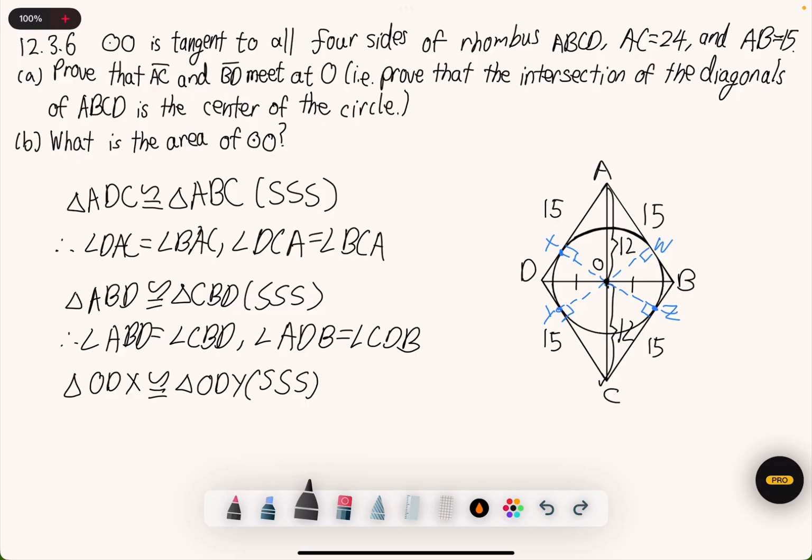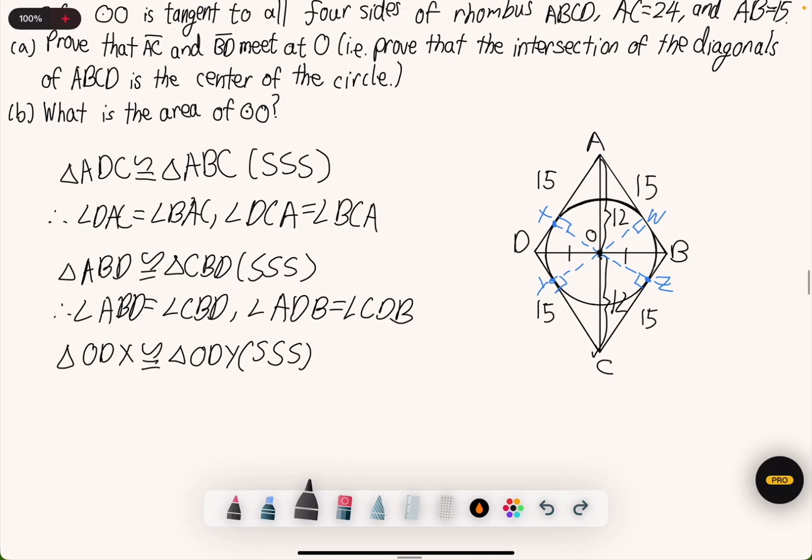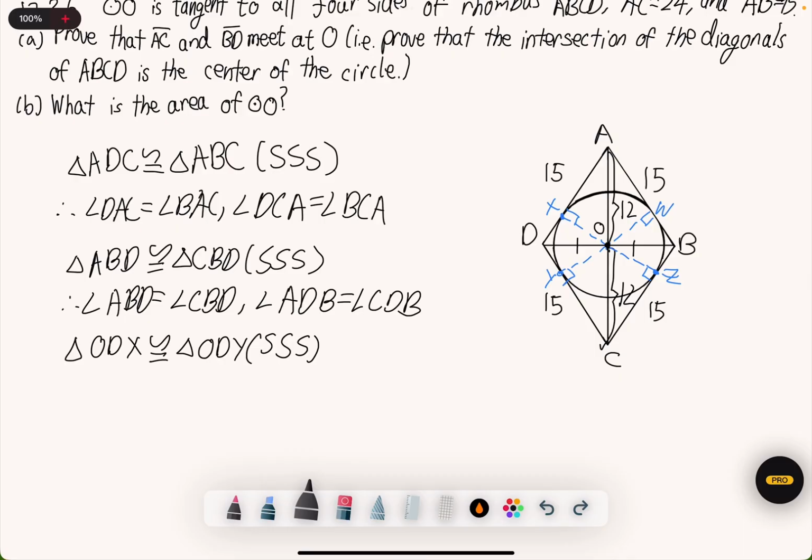We also know that DX and DY are equal because of the properties of tangent lines. Two tangent lines from the same point are equal in length. So DX and DY are clearly equal. It's also visually obvious. So therefore, ODX and ODY are congruent.